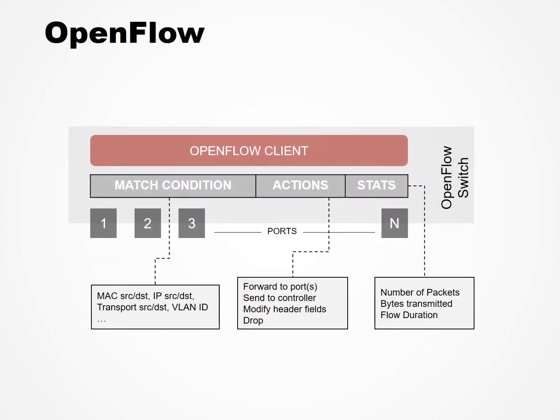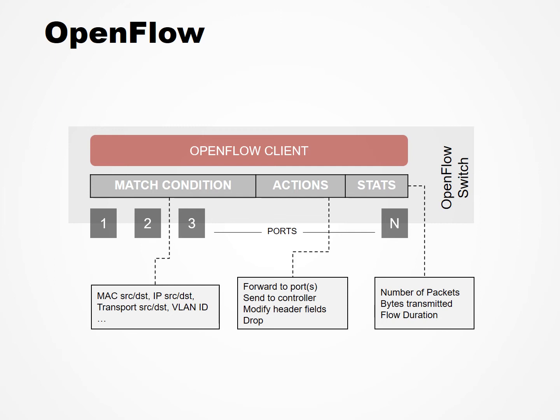It helps to understand SDN if we look at the de facto southbound protocol. That is the protocol that the controller uses to communicate with the devices, and that is OpenFlow. So OpenFlow works like this. We have a set of match and action pairs that defines an OpenFlow rule.